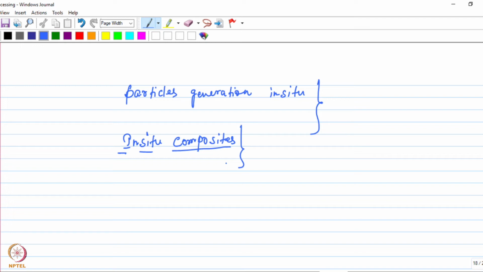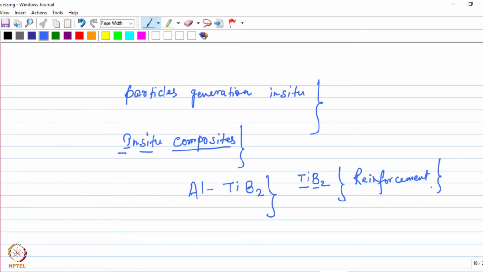Okay, for example, if you want to have this kind of composite material, aluminium based composite materials, where TiB2 particles are the reinforcement, but I do not want to add them externally to overcome all those issues that we talked about.